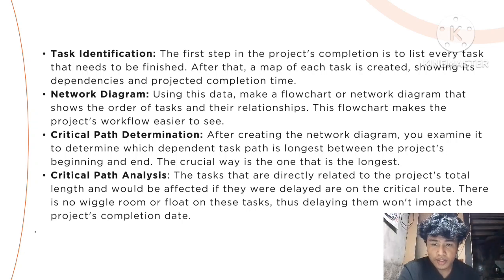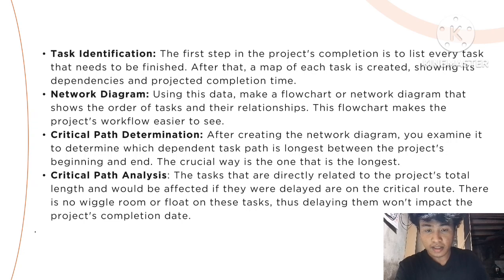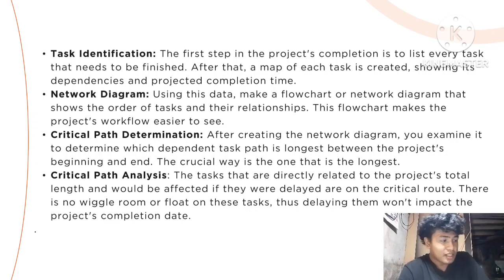Network diagram. Using this data, make a flowchart or network diagram that shows the order of tasks and their relationships. This flowchart makes the project workflow easier to see. Network diagram creation: utilize task data to visualize task order and relationships, enhancing project workflow comprehension.